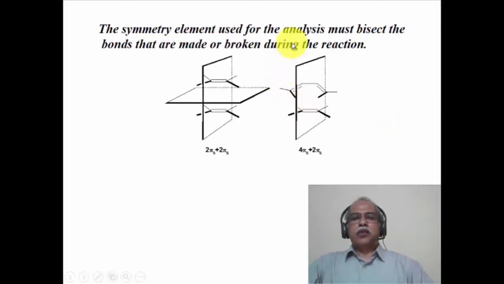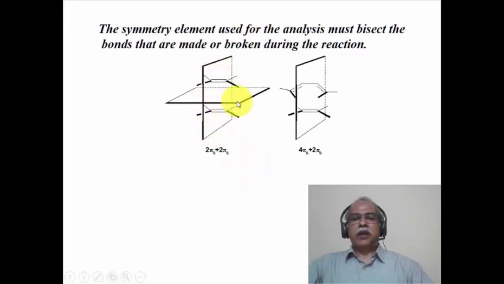The symmetry element that is used for the analysis must bisect the bonds that are made and broken during the course of the reaction. If we consider a 2+2 cycloaddition reaction between two ethylene molecules to give a cyclobutane in a suprafacial manner, this vertical mirror plane essentially bisects the carbon-carbon bonds, both the pi bonds. The horizontal plane essentially bisects the carbon-carbon sigma bonds that will be formed during the course of the reaction.